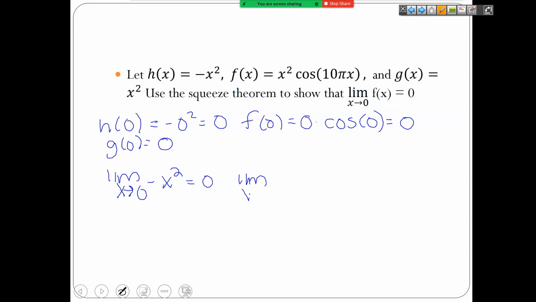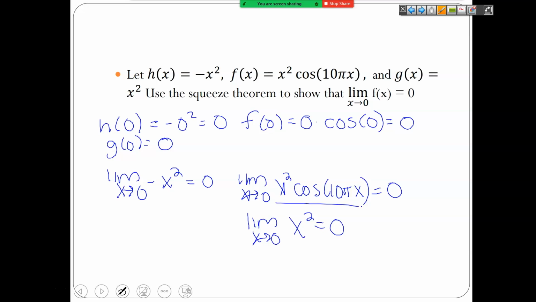The limit as x approaches 0 of x squared cosine, and the limit as x approaches 0 of g, which is x squared.